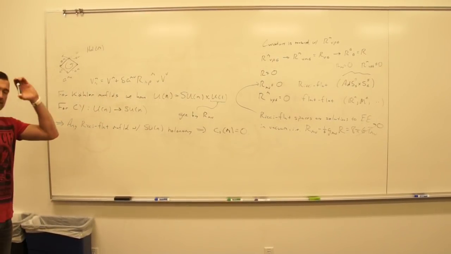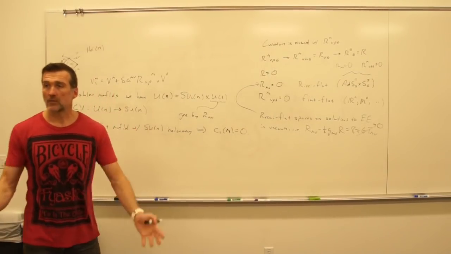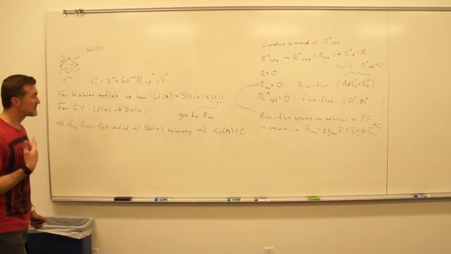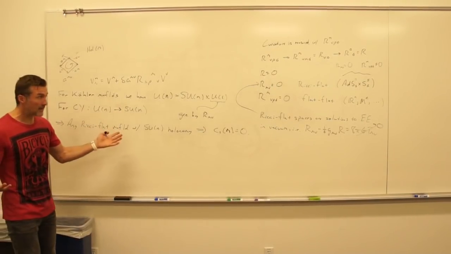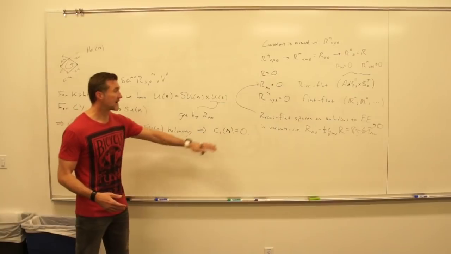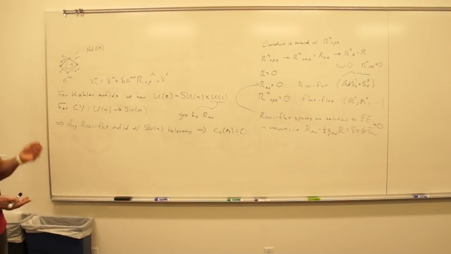So there's lots of different ideas that are associated with the idea of a space being a Calabi-Yau. It's a Ricci flat manifold, it's a Kahler manifold, it's got SU(N) holonomy, it's got vanishing first Chern class, and there are a couple of other conditions.